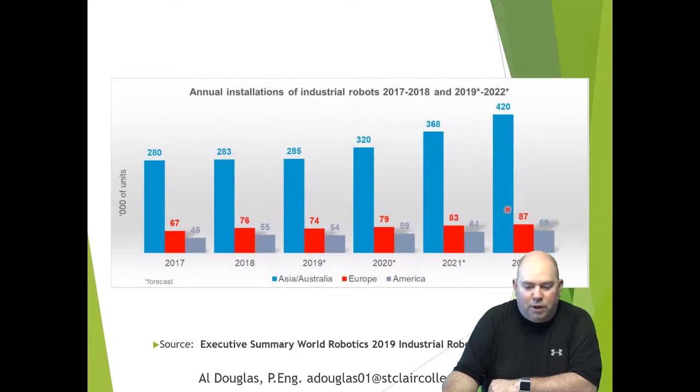That dwarfs everything else in the world. So Asia and Australia are the big users. Europe is in red. That is the next biggest user. And then the Americas are in the gray there. So North America, South America lagging behind the rest of the world. Asia is definitely the largest user overall.